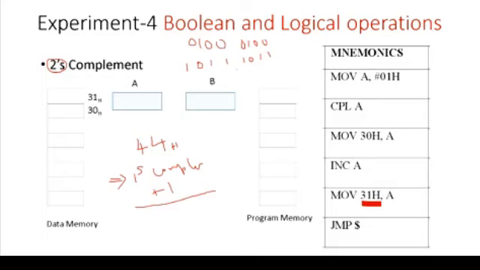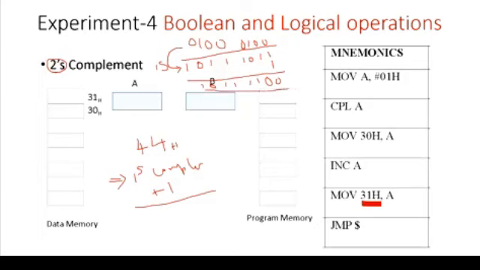So this is the number given, and this is the 1's complement. Now we are going to find out the 2's complement. So we are adding 1 with that. When you are adding, what you're getting, you see, this is 1, 0, 1, 1 and this is 1, 1, 0, 0. So what will be this value?